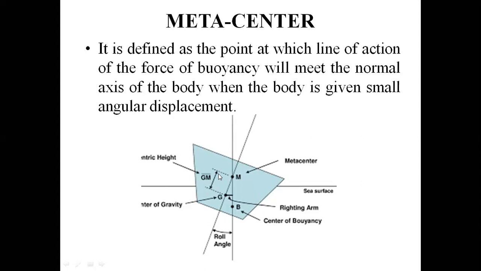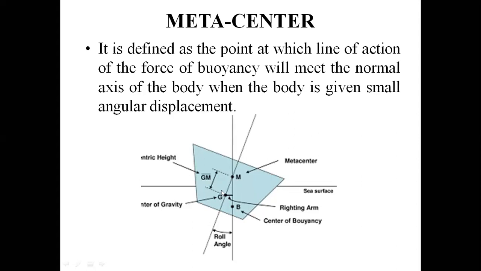So when an object is given a displacement, that means if the object is tilted, the center of buoyancy is going to shift, but the center of gravity is going to remain on this normal axis. So when the center of buoyancy is traced back to this normal axis, the point of intersection of the normal axis and the center of buoyancy is nothing but the metacenter.